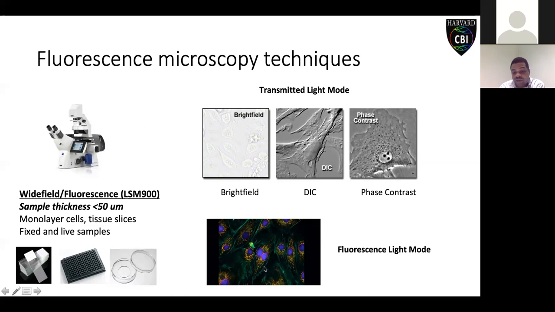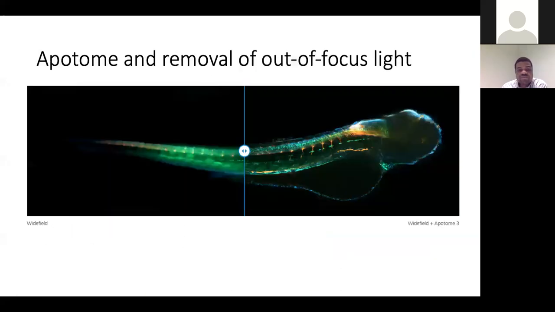When you are very close to the coverslip, you'll be able to capture the image because of the thin slice. Again, to improve the quality of the image, not the resolution, a deconvolution or further processing is required to make sure that the image is sharper and to remove all the out of focus light that is associated with widefield imaging.